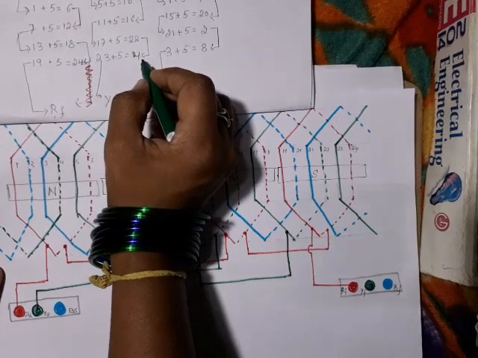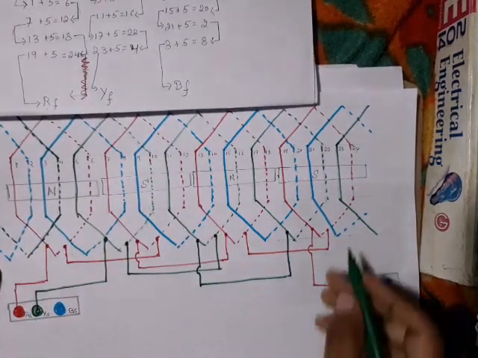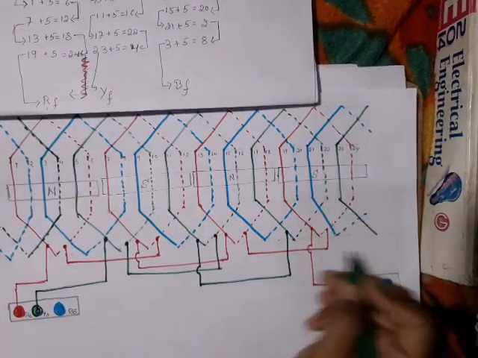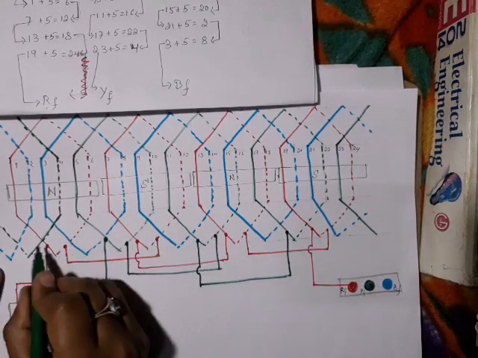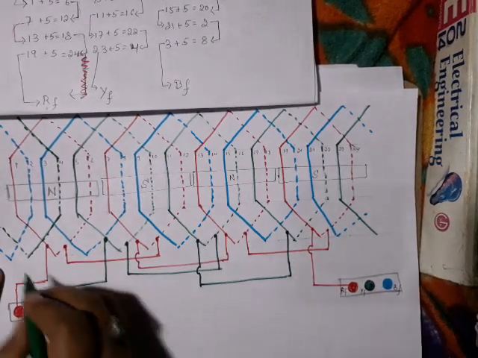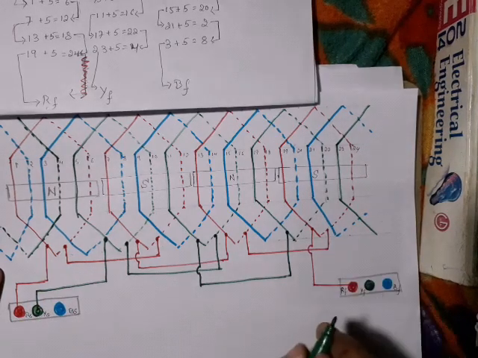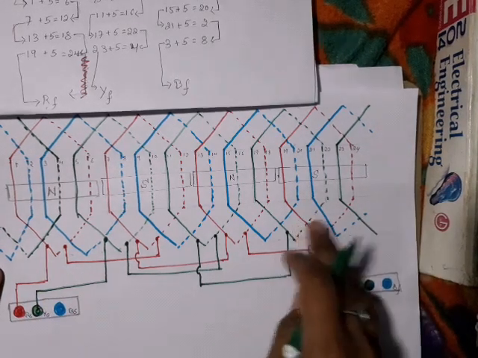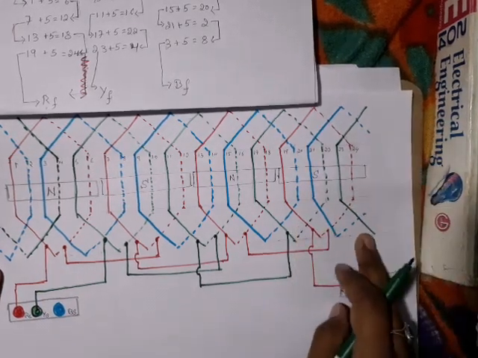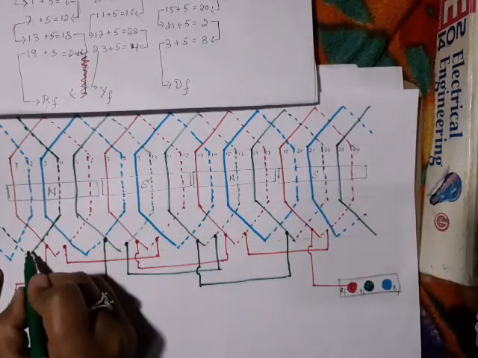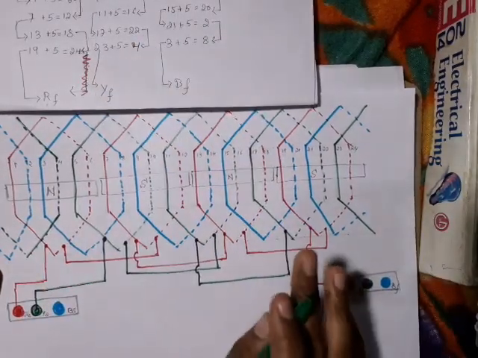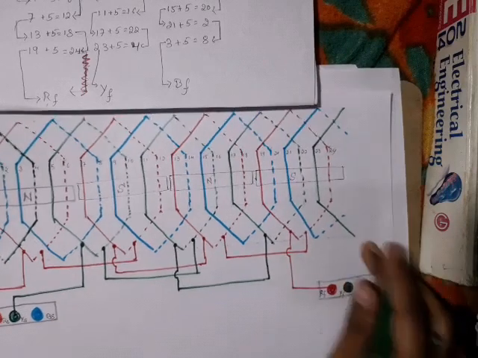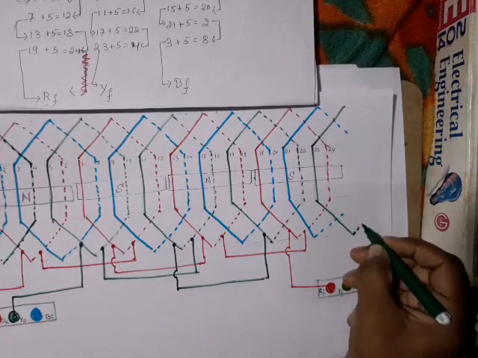22nd coil is connected to 4. See, here we have 22nd and here we have 4th coil. No problem. Just take this here and connect it. Actually, you can write 4th coil here also because 24 is connected to 4. That's what we already did. So this 24th coil is connected to 4.